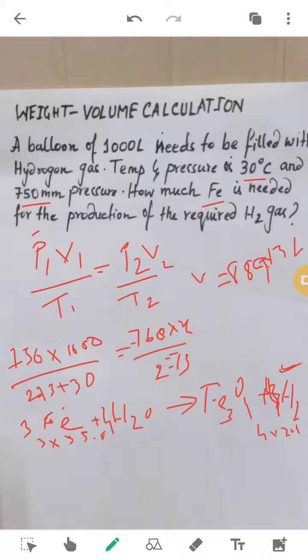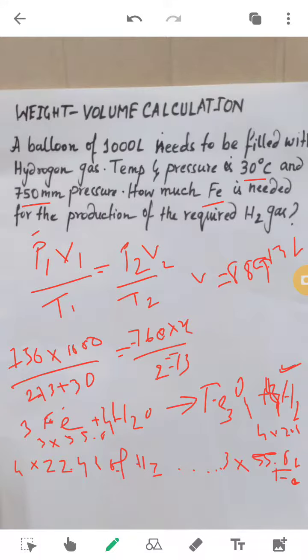So I'll write that 4 into 22.4 liter of hydrogen you get from 3 into 55.8 grams of iron.